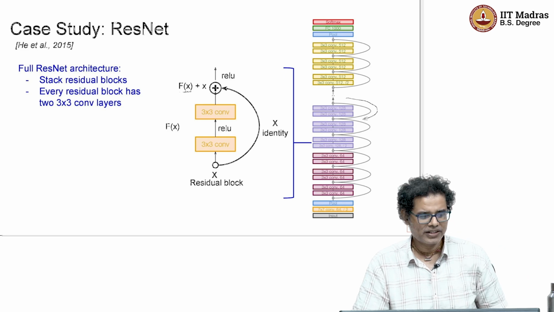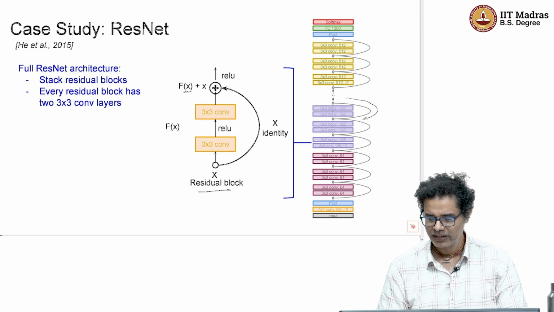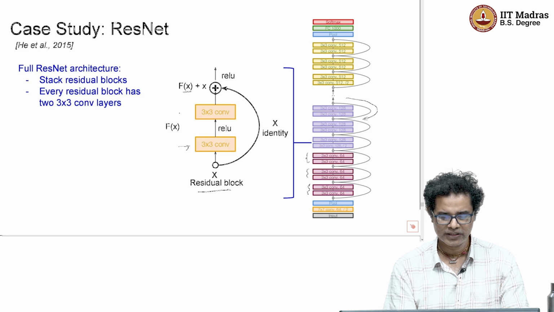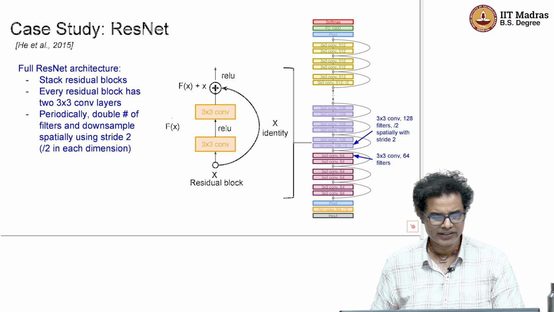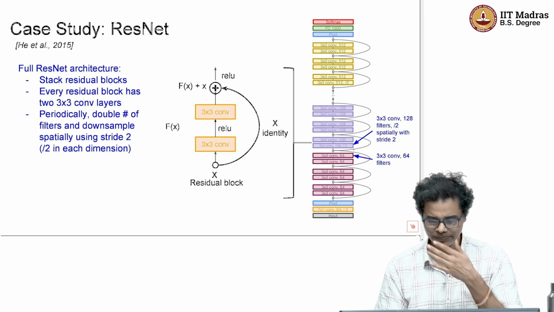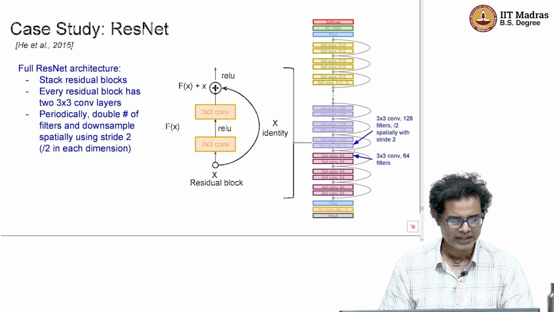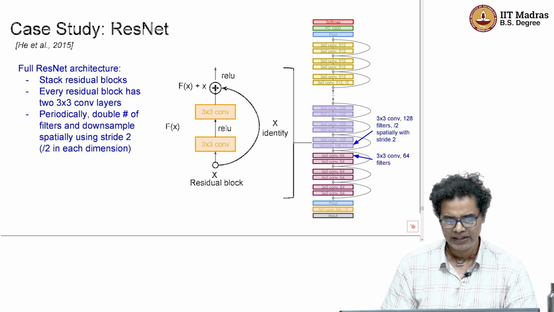The full architecture is nothing but a stack of these residual blocks. We stack the residual blocks on top of each other, and that's all we do. Every residual block has two 3 cross 3 conv layers, that is the structure. And periodically we double the number of filters and downsample spatially using stride 2 in each dimension.